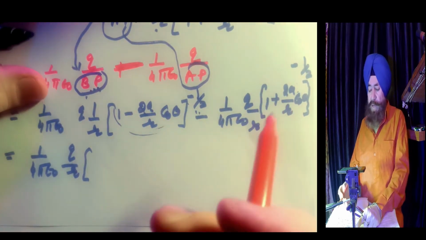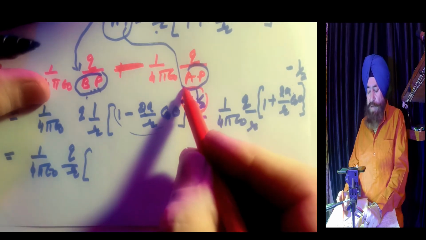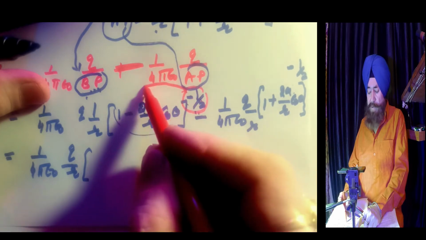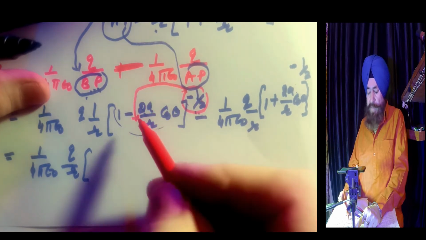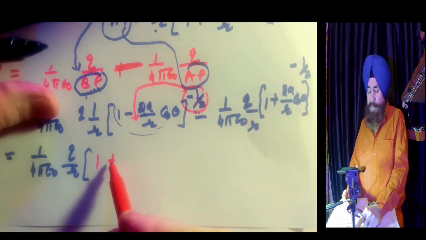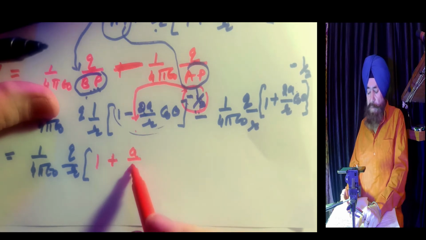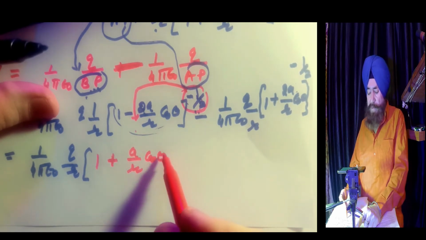And what is binomial expansion? Very simple. I am going to write only two terms. So minus 1 by 2 is taken here. So 1 minus 1 by 2 becomes plus, and 1 by 2 and 2 cancels: a upon R cos theta.